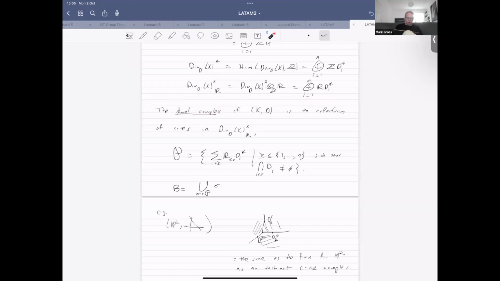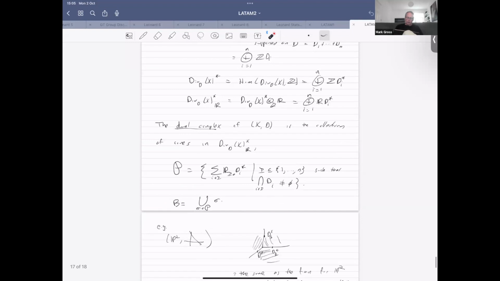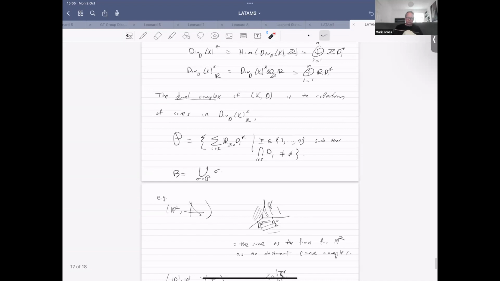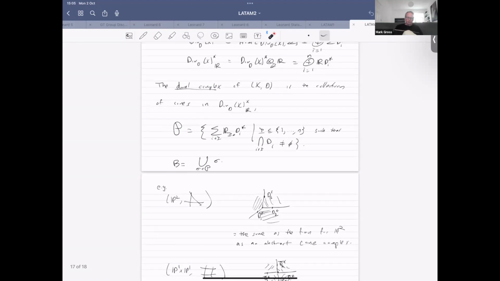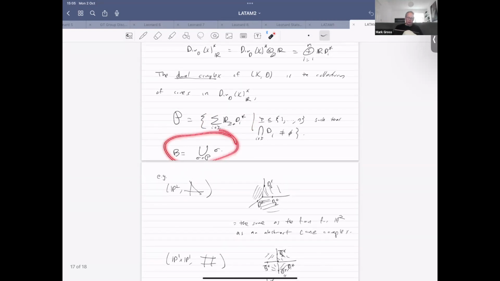The cones are determined by subsets I of 1 through n. Remember that we have n boundary divisors. We look at subsets of 1 through n such that the intersection of all those D_i indexed by the set I is non-empty. And then you take the cone generated by the corresponding D_i stars. And B is the union of all these cones.